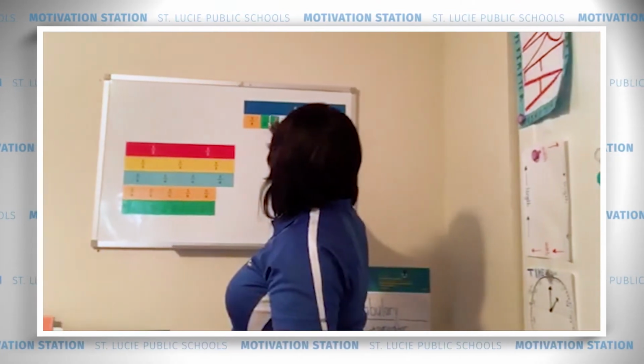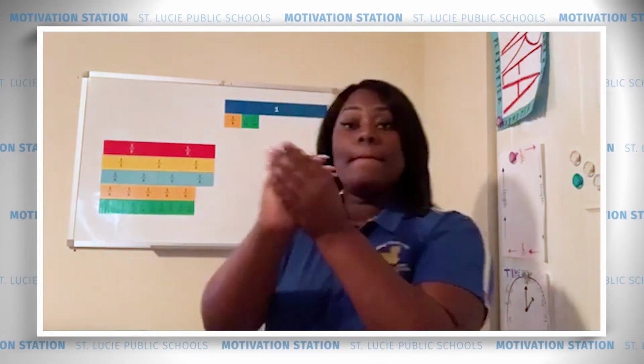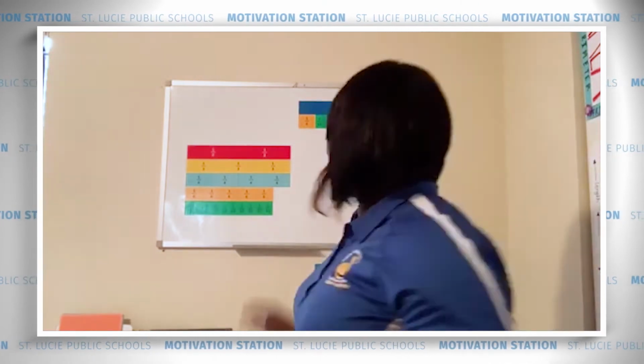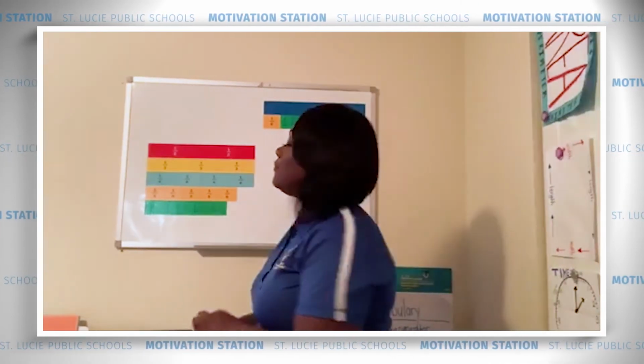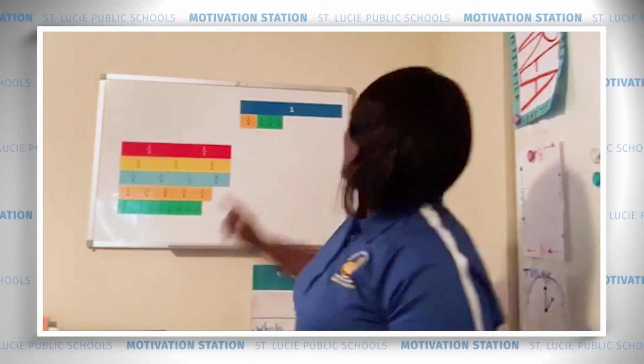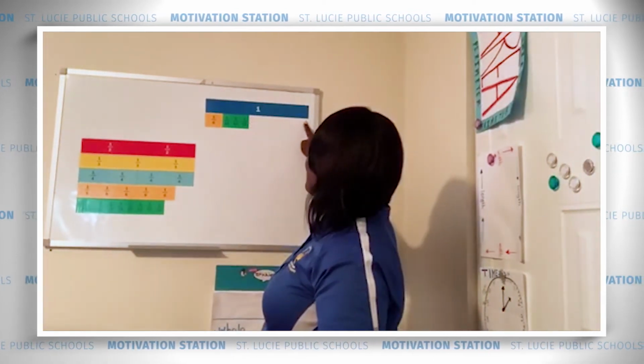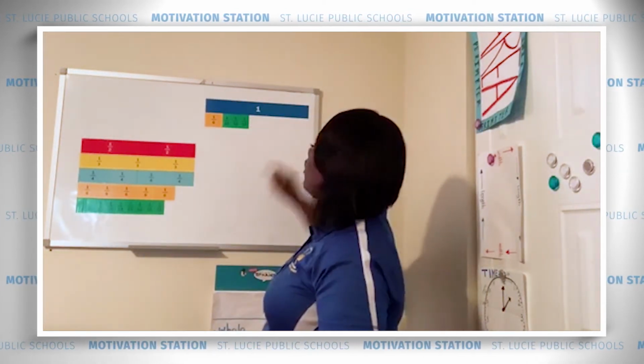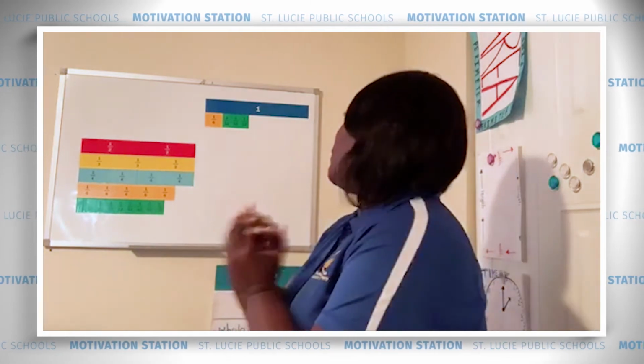Another 1/12. Another 1/12. We're getting there. In order to create a train that's the same length as the one whole, we'd have to get our train all the way out to the full length of the whole.